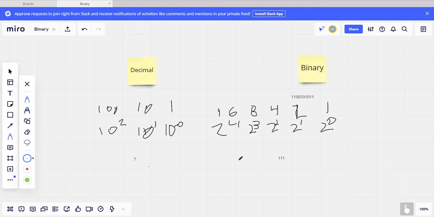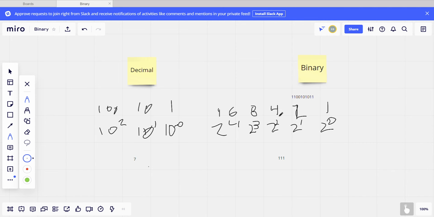And so we can look at the number 7 and say, is 7 more than 16? No. Is 7 more than 8? No. Is 7 more than 4? Yes. Which means that we will have to use the digits from 4 onwards for binary.